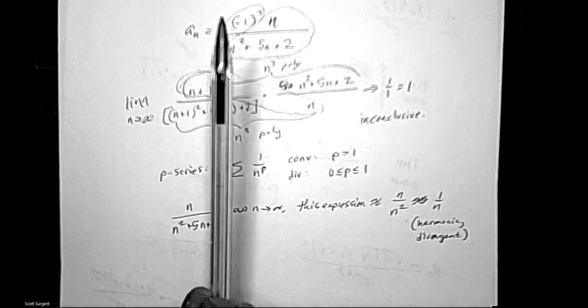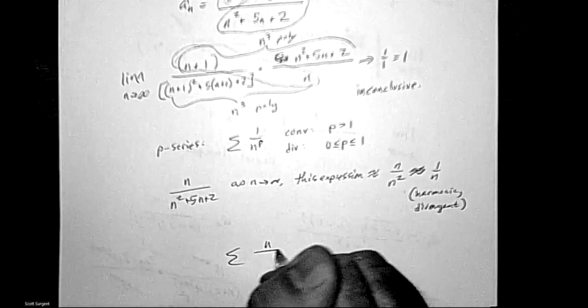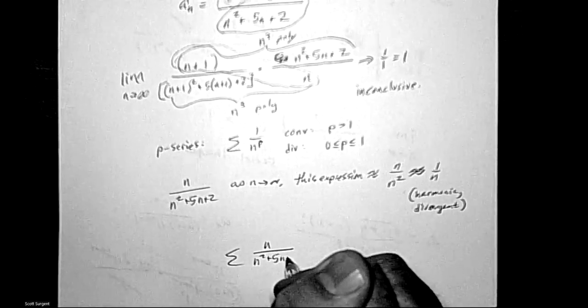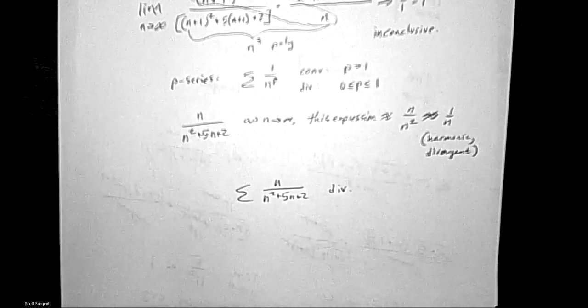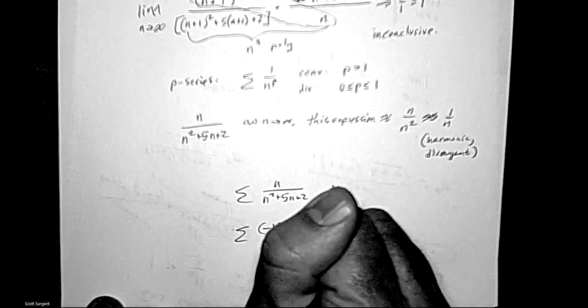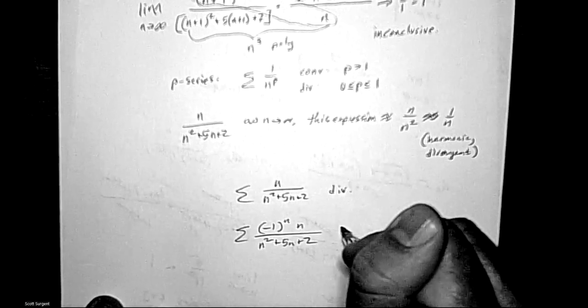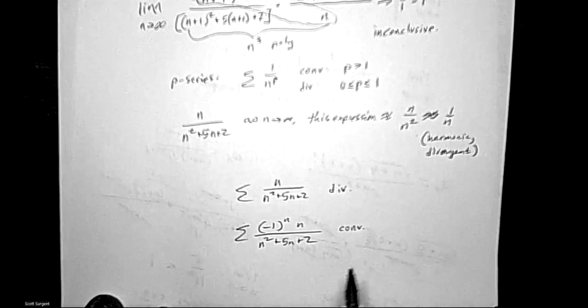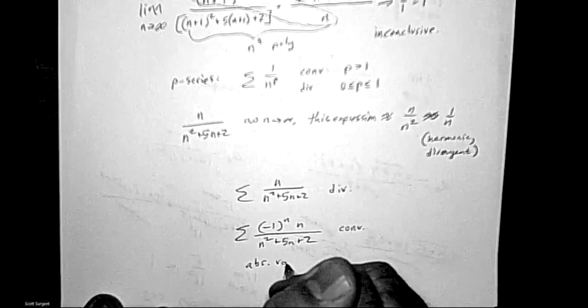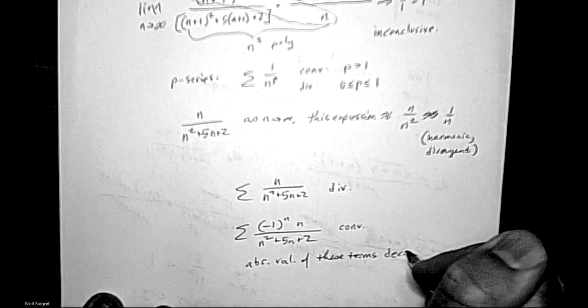So the series right here, I'm going to write it out. If I don't have the blinker, this series would be divergent. Now, when I have the blinker, and that's what I call the negative 1 to the n power, suddenly it's going to become convergent because the absolute value of these terms decreases to 0.